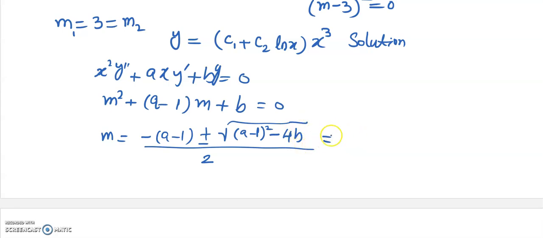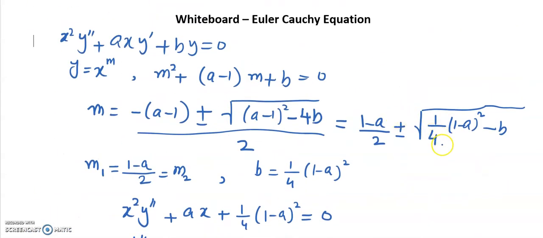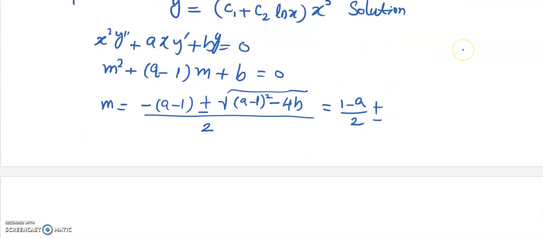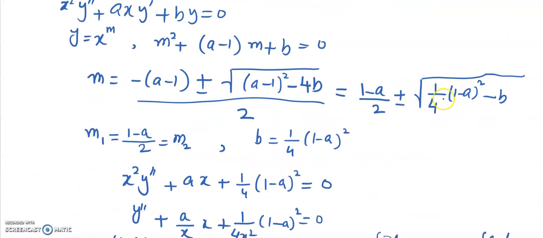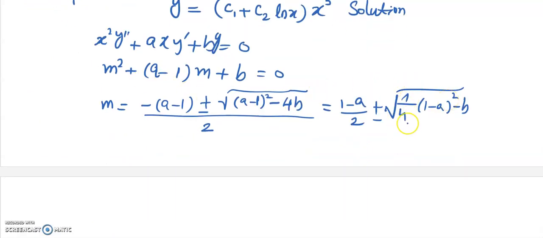Or in other words, if you simplify it, it will be (1 minus a) by 2 plus or minus, and I think we simplified it in the previous case, the square root of 1 by 4 (1 minus a) squared minus b. Okay, so these roots have to be complex conjugate.